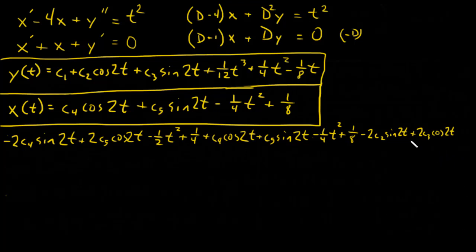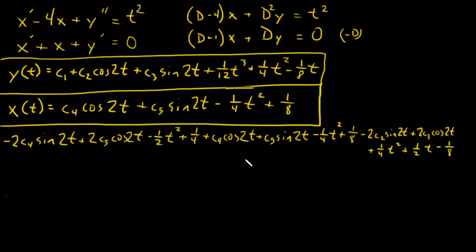Okay, so I've got the two derivatives taken care of, and now I have to take the derivative of this chunk. So plus 1/4 t squared plus 1/2 t and minus 1/8.